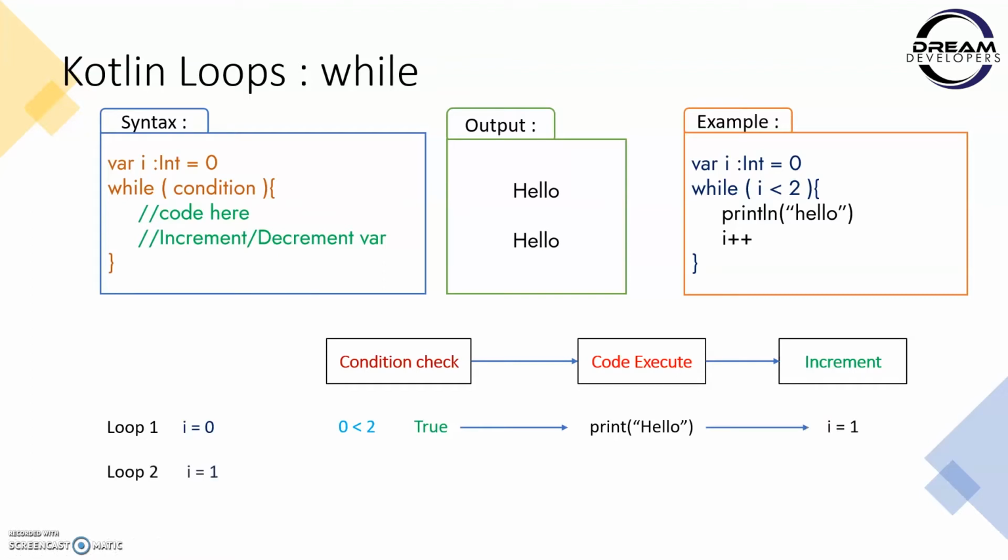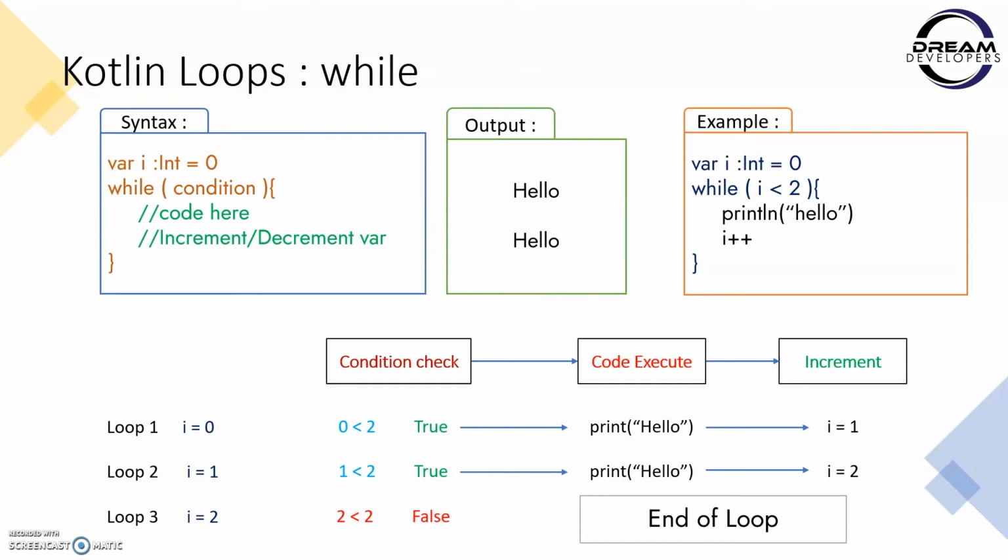In the second loop, i is 1 and it checks the condition. Yes, so it executes the code and i is incremented by 1. So in loop 3, i is set to 2. Is 2 less than 2? The condition returns false, so the loop terminates. This is the working of the while loop.